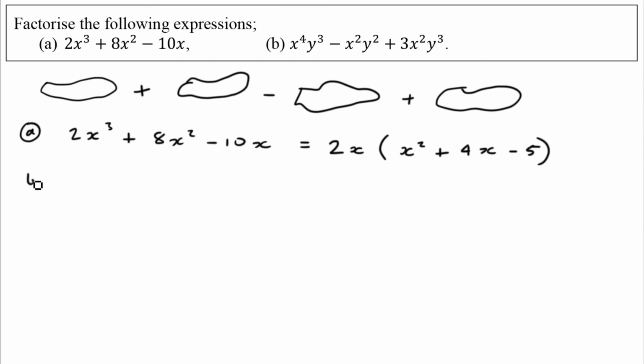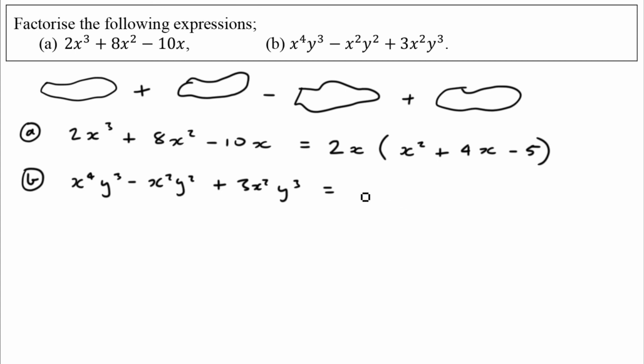In part B we have a mixture of variables, x to the 4 y cubed, subtract x squared y squared, plus 3x squared y cubed. This time there are no numbers which appear in all 3 terms, but every term has some powers of x and some powers of y.